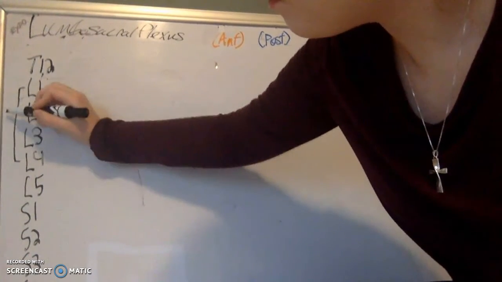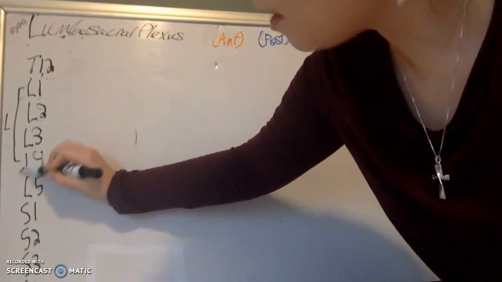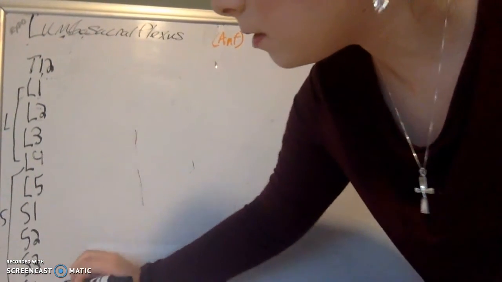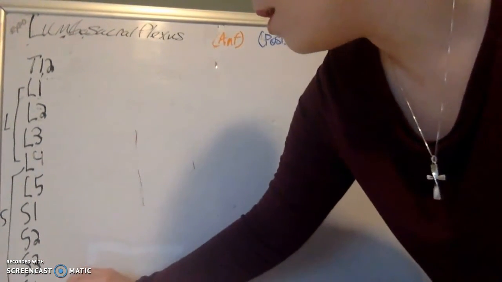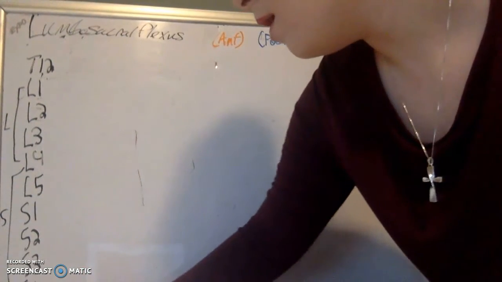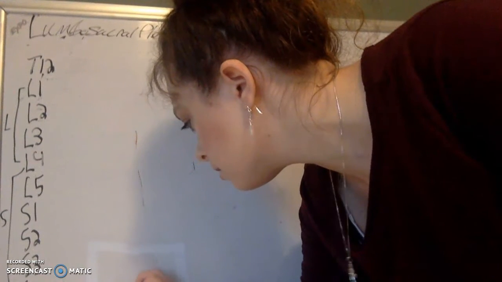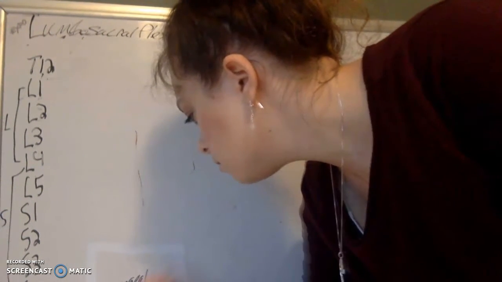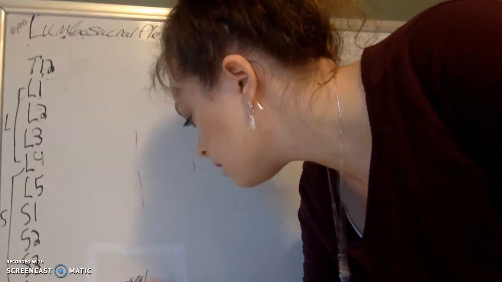L1 to L4 is the lumbar plexus. L4 to S4 is the sacral plexus. And S4, S5, and coccygeal 1 make up the coccygeal plexus, which will innervate the skin.